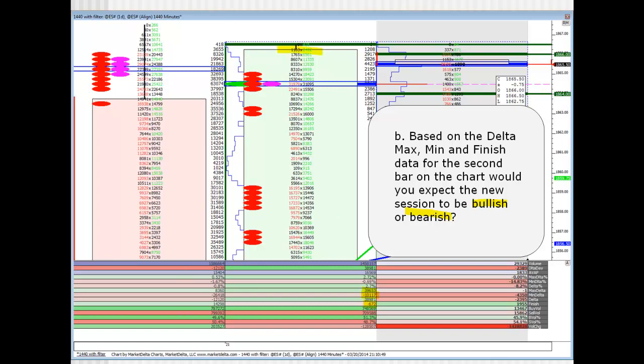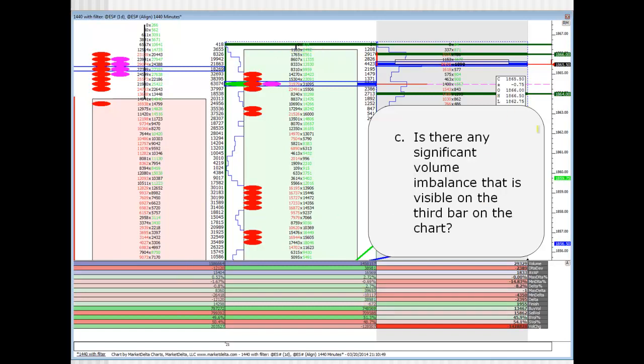All right, let's continue on here. Is there any significant volume imbalance that's visible on the third bar on the chart? All right, so here let's take a look at what we have, and do we see any significant volume imbalance? The only volume imbalance we really see is here, a little bit to the upside and a little bit down here to the negative side.